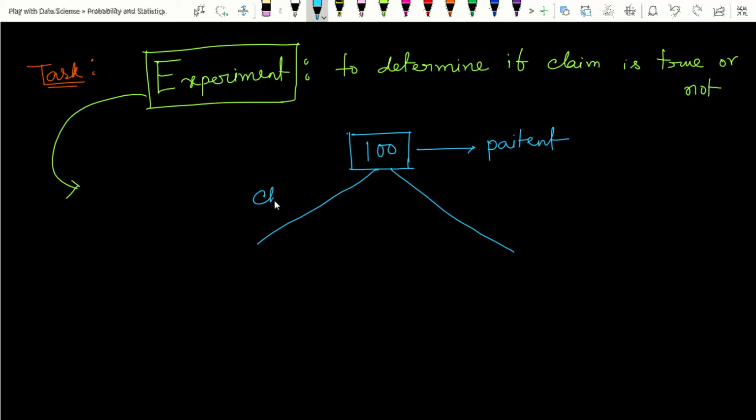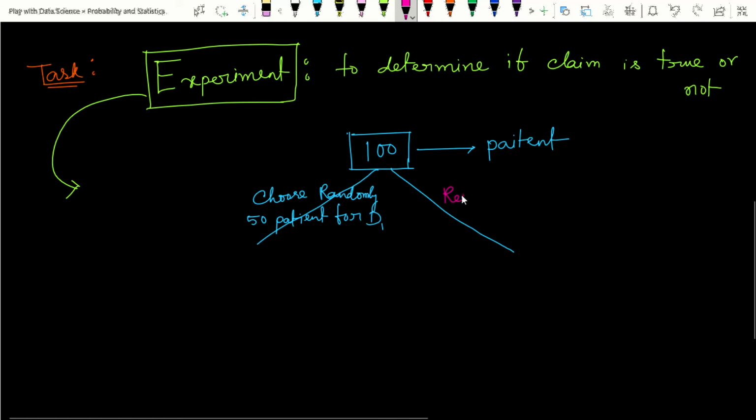We choose randomly 50% for drug 1, and the rest of 50% is used for drug 2.